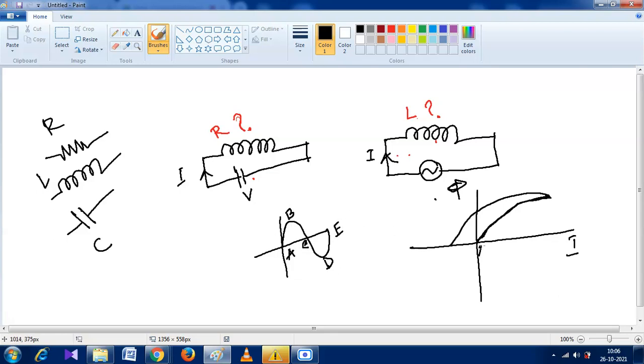When the maximum value of current is reached, this is B point. After that, when the current value is again 0, this is C point, and after that going back, a similar nature will happen. This is D point and this is E point. After that, you will continue the same procedure.